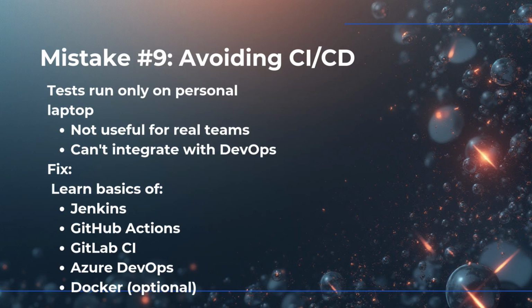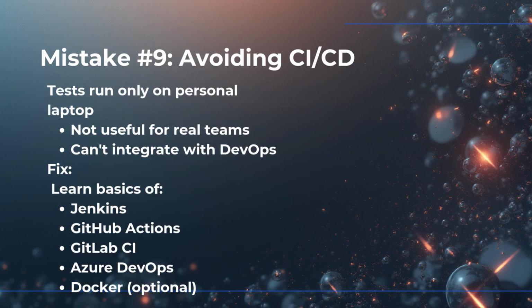Jenkins, GitHub Actions, GitLab CI, Azure DevOps. Mostly Jenkins and Azure DevOps are very common nowadays and everybody uses them. So if you're learning this, either one of them is fine. Mostly the concept is similar. And Docker basics. When your tests run automatically in CI/CD, you enter a new level of professionalism.